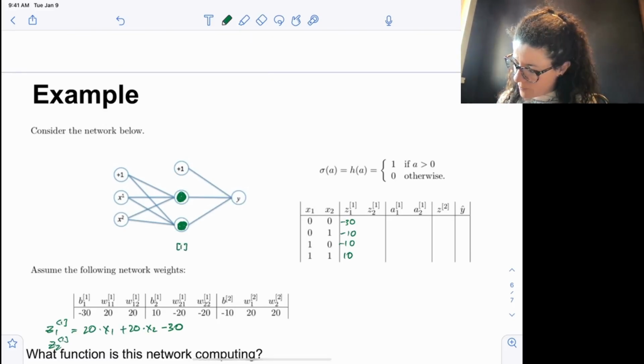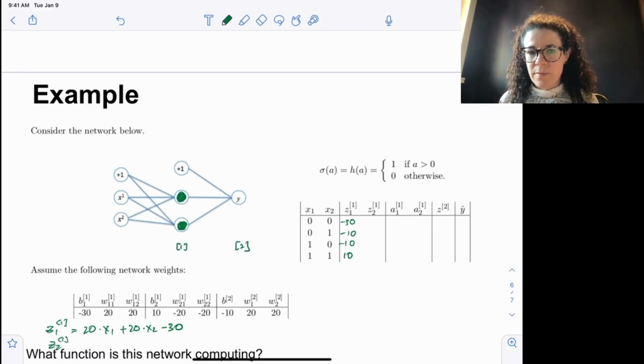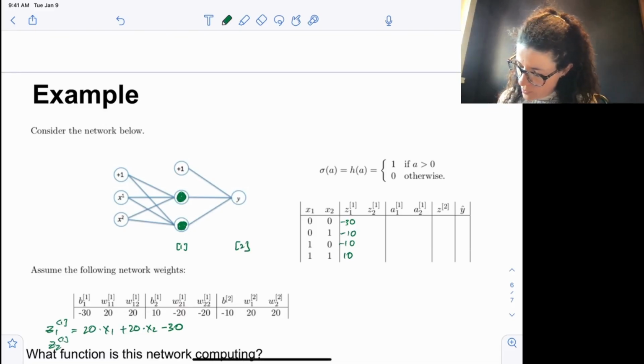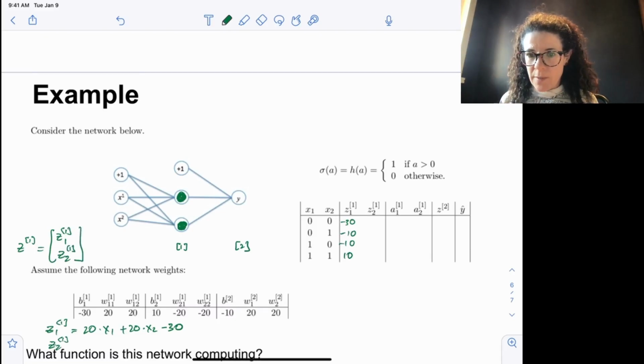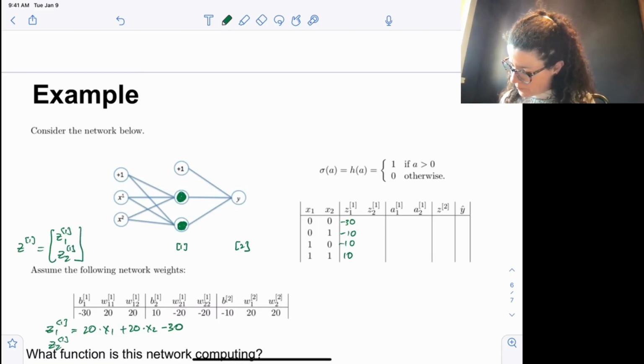It's layer 1, and this is layer 2. Z1 is a vector which is Z1,1 and Z2,1. Okay, which is what we're computing here.